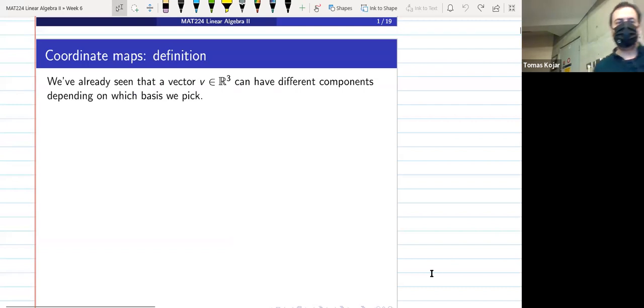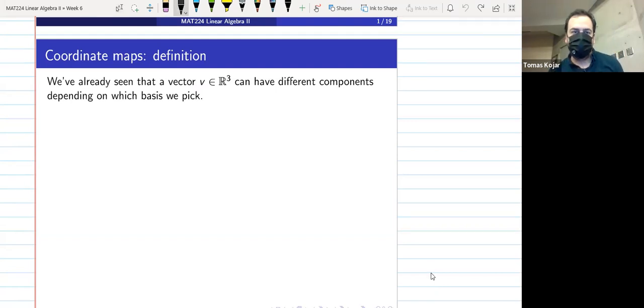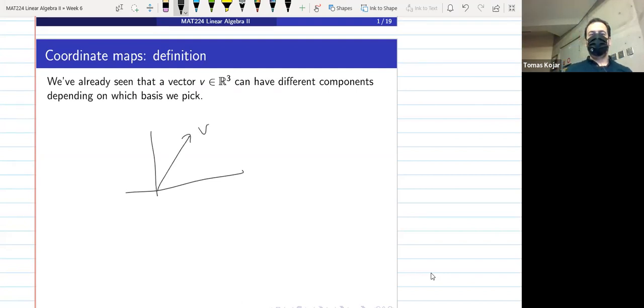Yes, coordinate maps. So we've seen before that you can have a vector like this, V, but we've been spoiled, right? We always think that there's only one type of basis, namely 0, 1, 1, 0.